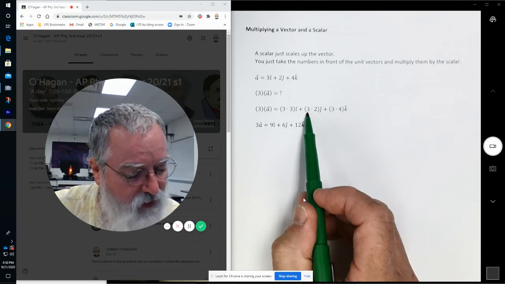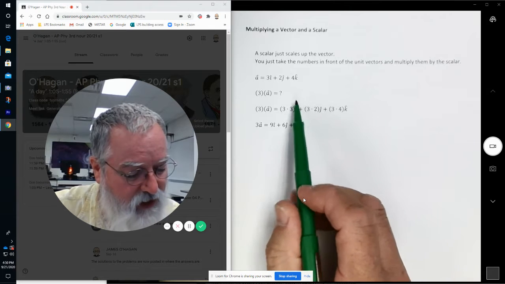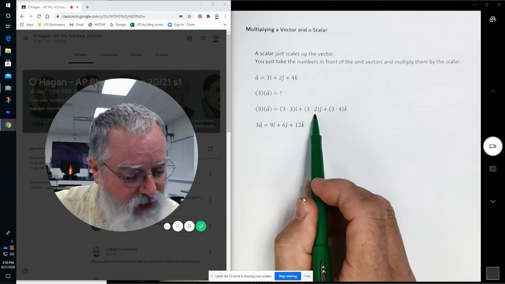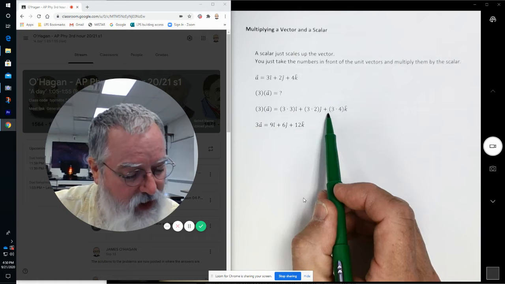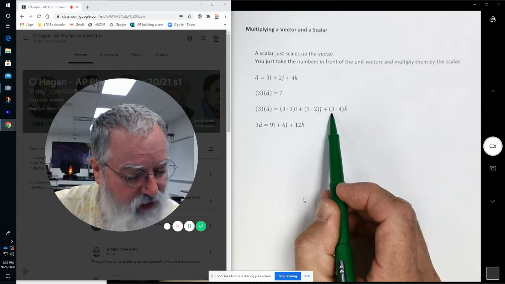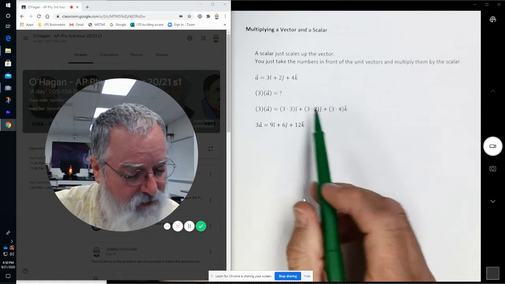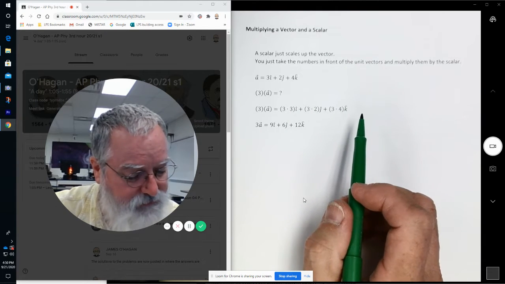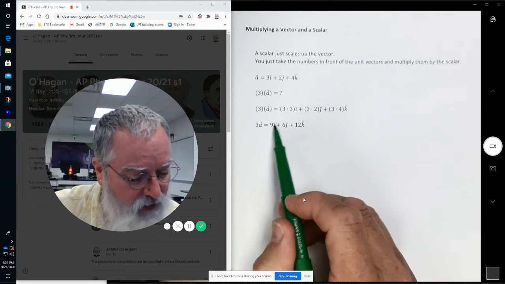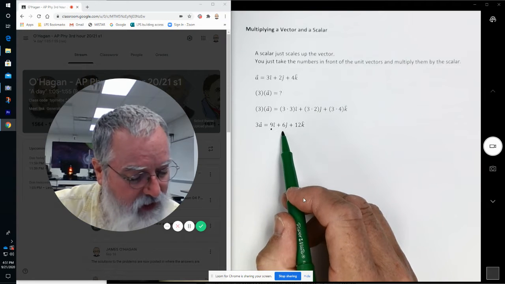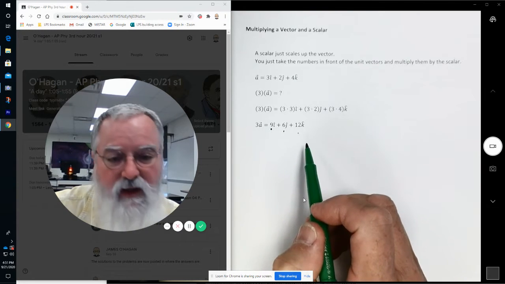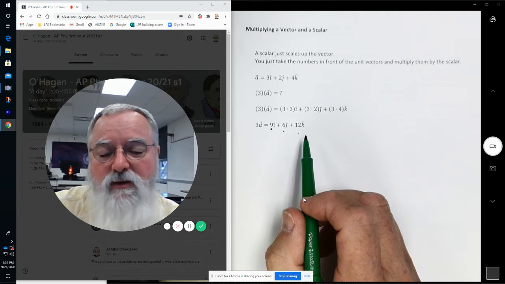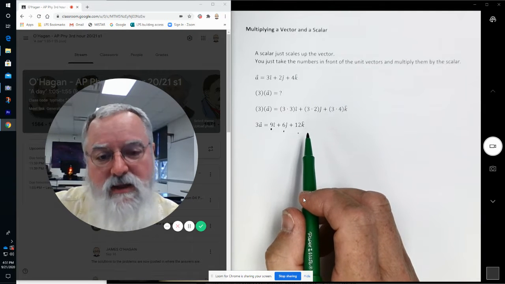Plus 3 times 2j. Plus 3, that's what I'm scaling it up by, times 4k. So you got 9i plus 6j plus 12k. Multiplying a vector and a scalar is as easy as that.